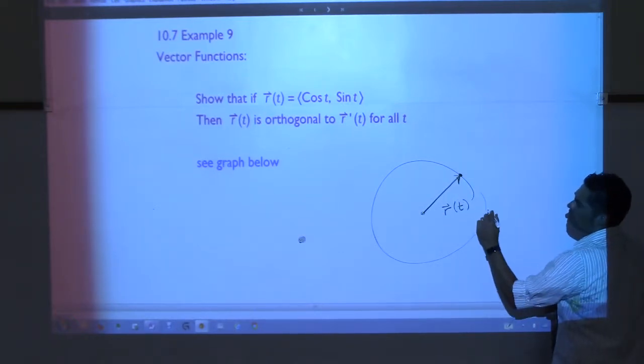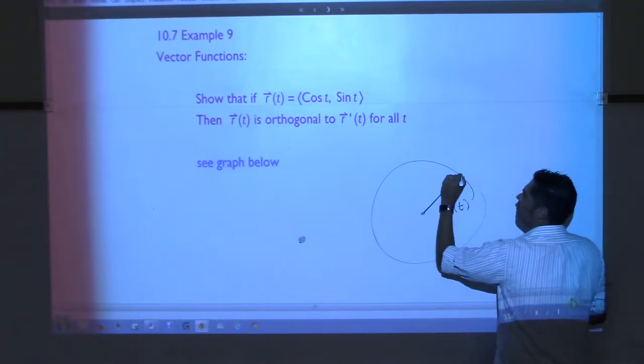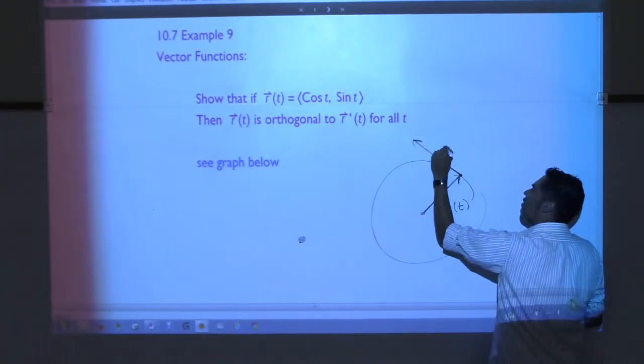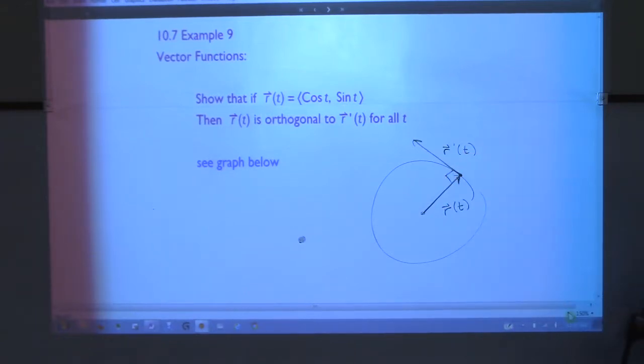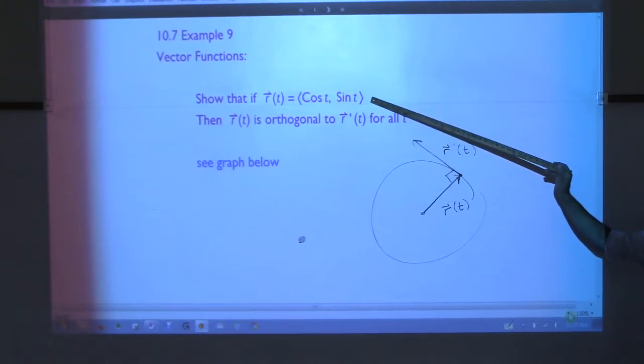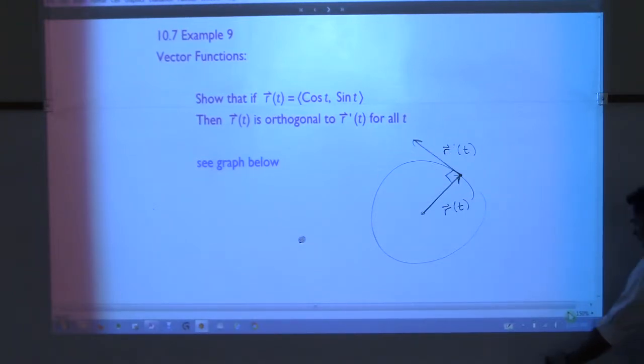And what we're trying to show here is that the derivative, which is another vector, r prime of t, that they are orthogonal all the time. For this particular vector function, we need to show that it's true. So how would I show that? Show that their dot product is 0, right?